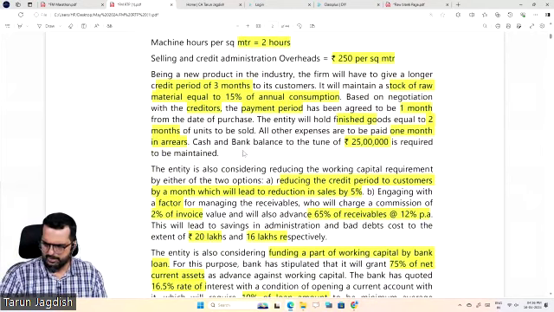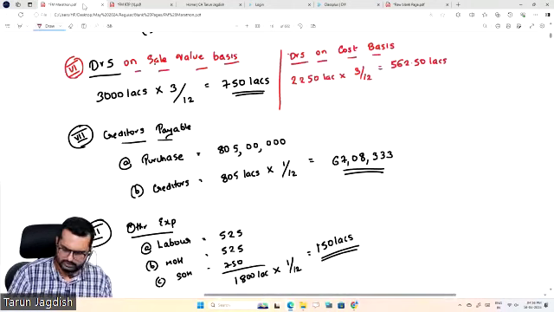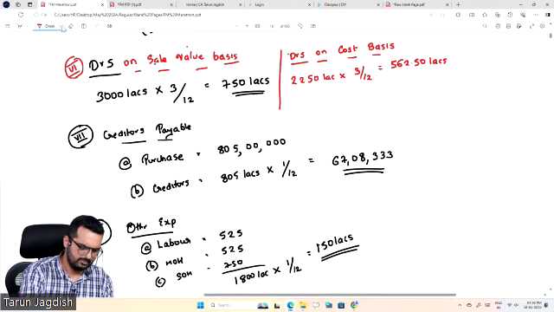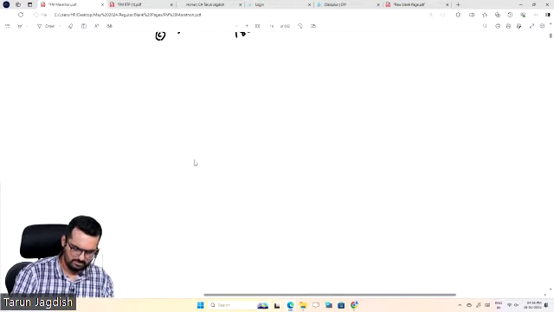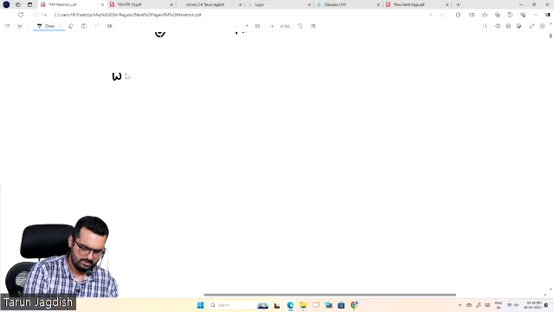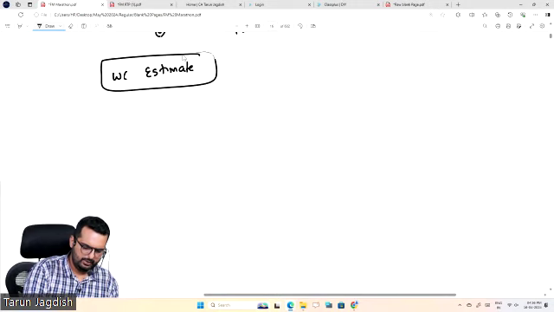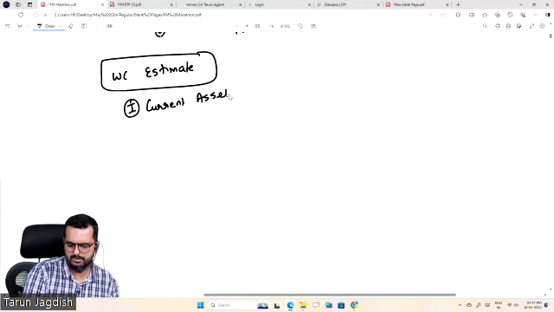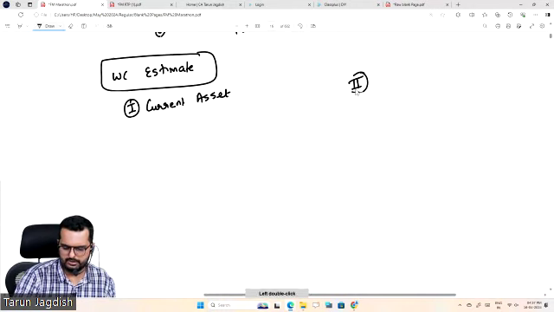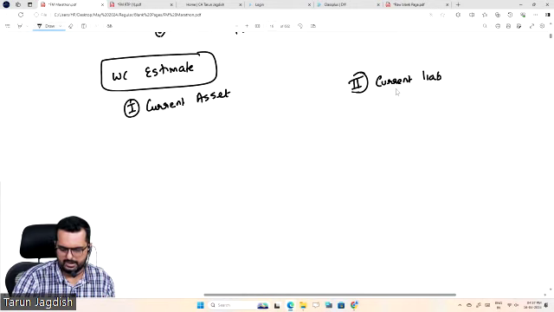Am I right? Okay. So now I'll write down the next working note heading: Working capital estimate. Everyone tell me what all will come in the working capital estimate. We will have to take our current assets and our current liabilities. Now tell me what all will come as the current assets over here.